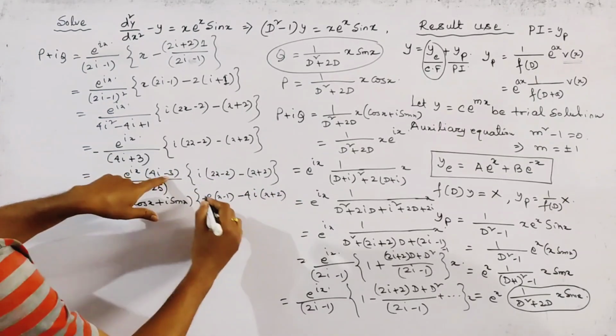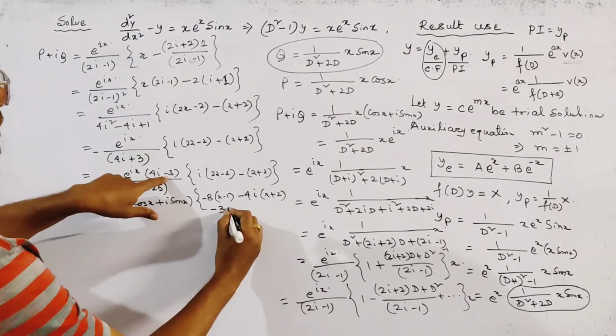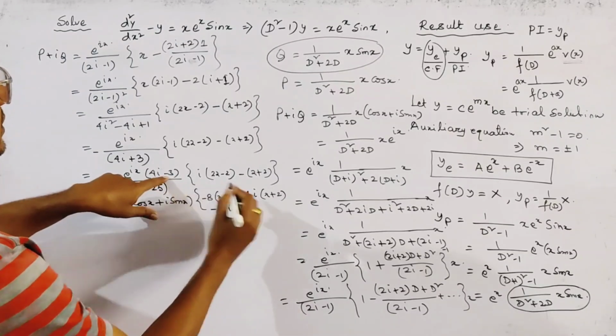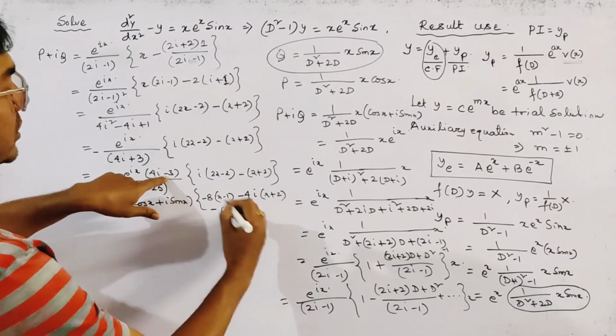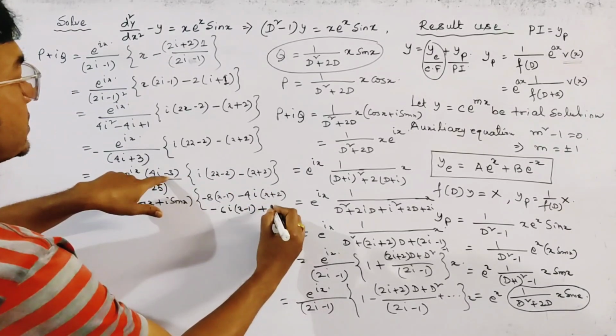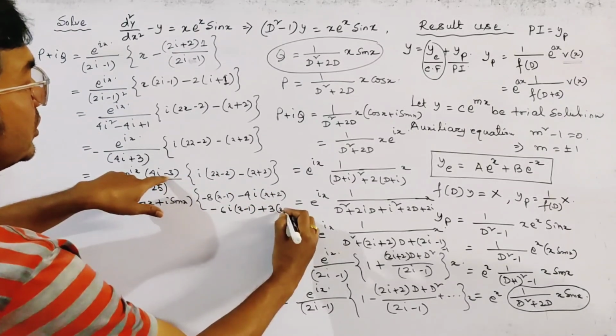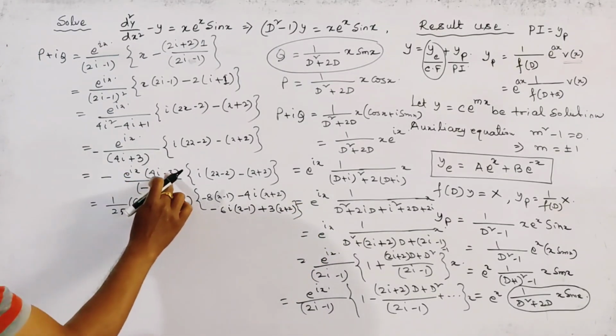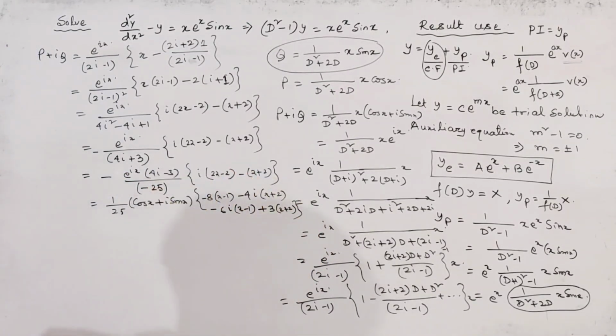And this is minus 6i into (x minus 1). Okay, and this is given by plus 3 into (x plus 2). Right, this is by multiplying 3 with this.